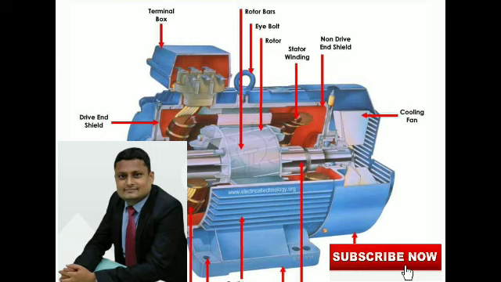Now slot area, the area of a stator slot. The slot area is occupied by the conductors and the insulation. Around 25 to 40% of the slot area is used by conductors, the remainder by insulation. So we have a formula: AS equals ZS into AS by KS.